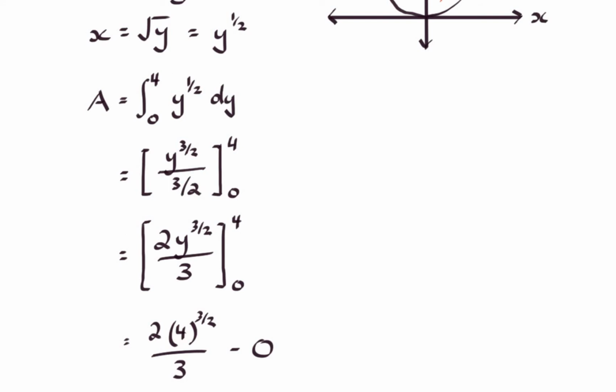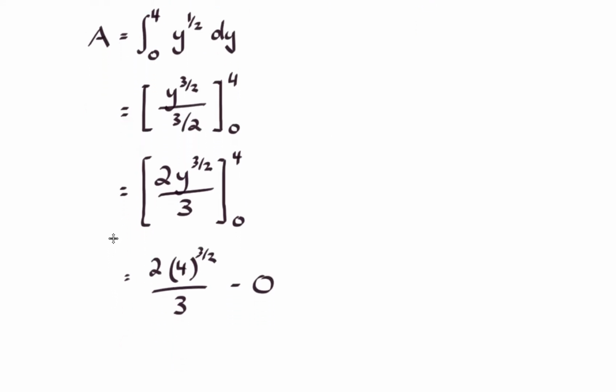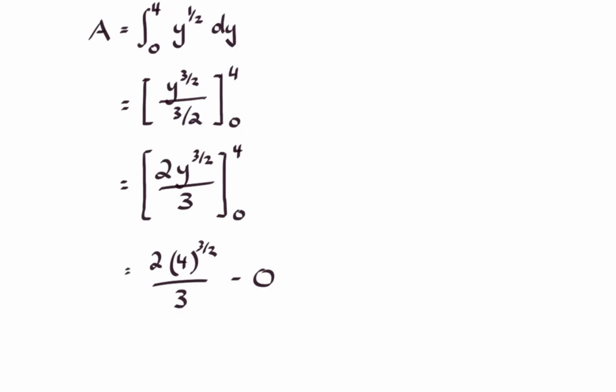When we evaluate this, you can plug it into your calculator, or you can think, all right, square root of 4, that's 2. 2 cubed, that's 8. And so we get 2 lots of 8, which is 16 over 3. Or, as a mixed number, that's 5 and 1/3 square units.